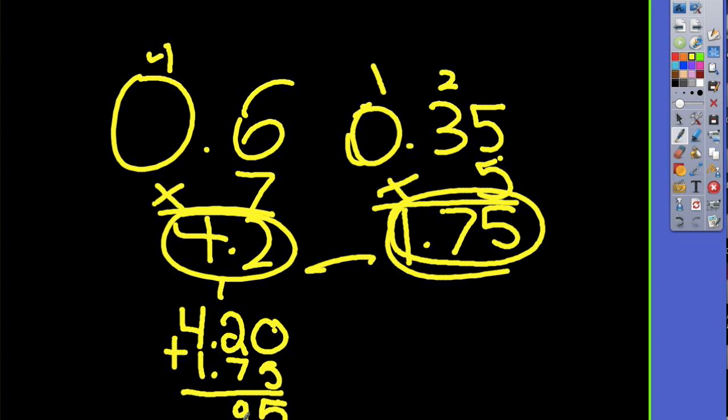And 4 plus 1 equals 5. And since they are decimals and there's 2 numbers behind the decimal, we're going to put it right in between the 5 and the 9.